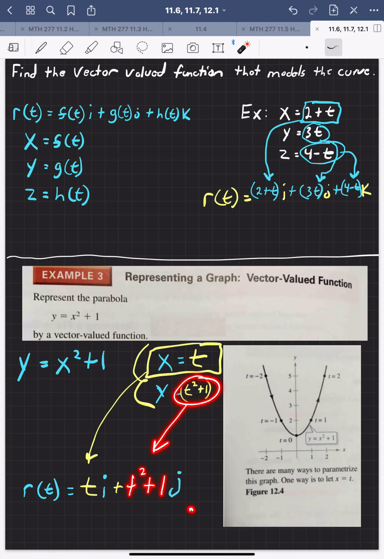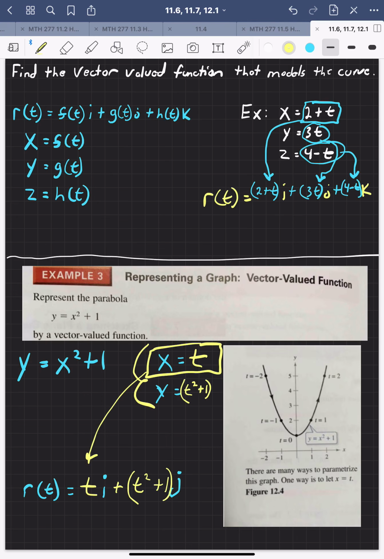Well, in that case, it's not apparent what it is that you're doing here. You want to make it apparent that this t squared plus 1 is all part of this j component. And we can do that quite simply just by using parentheses. So t squared plus 1.